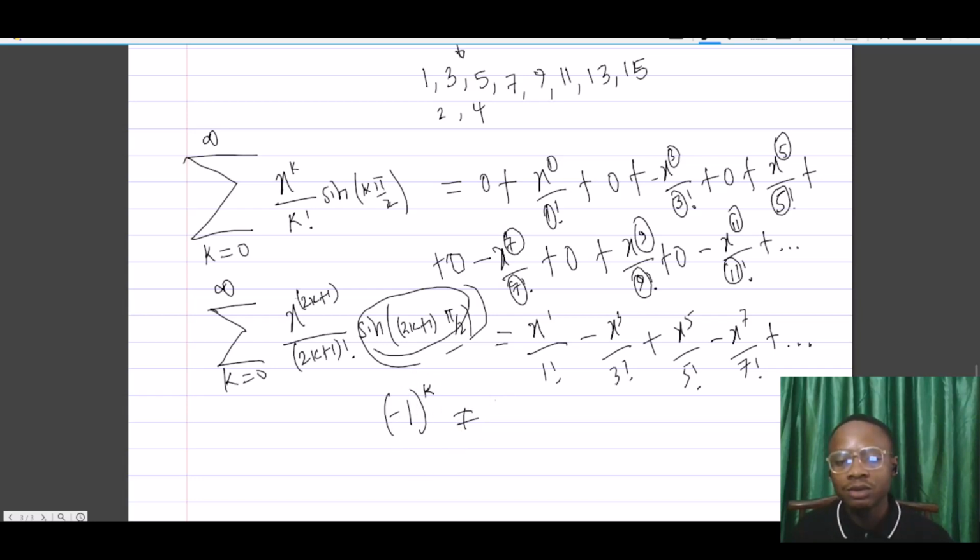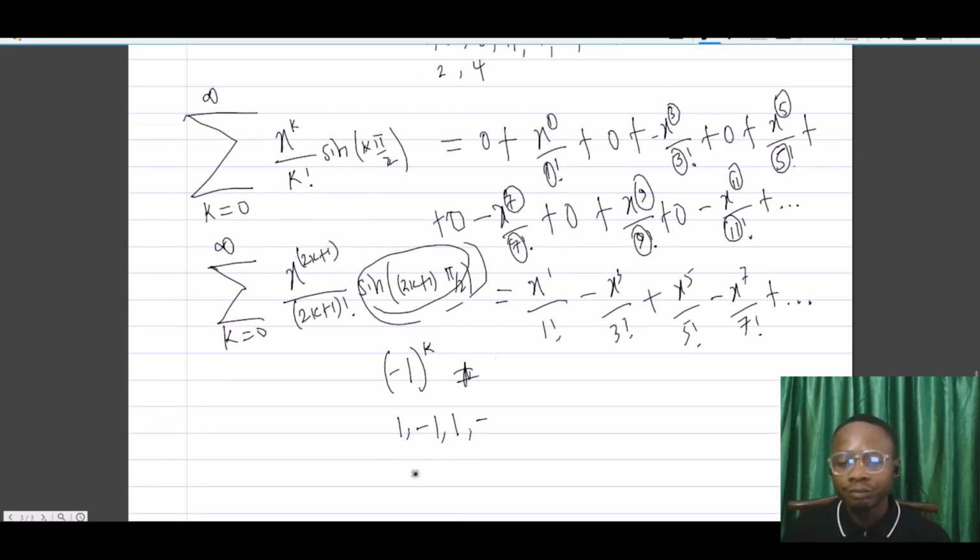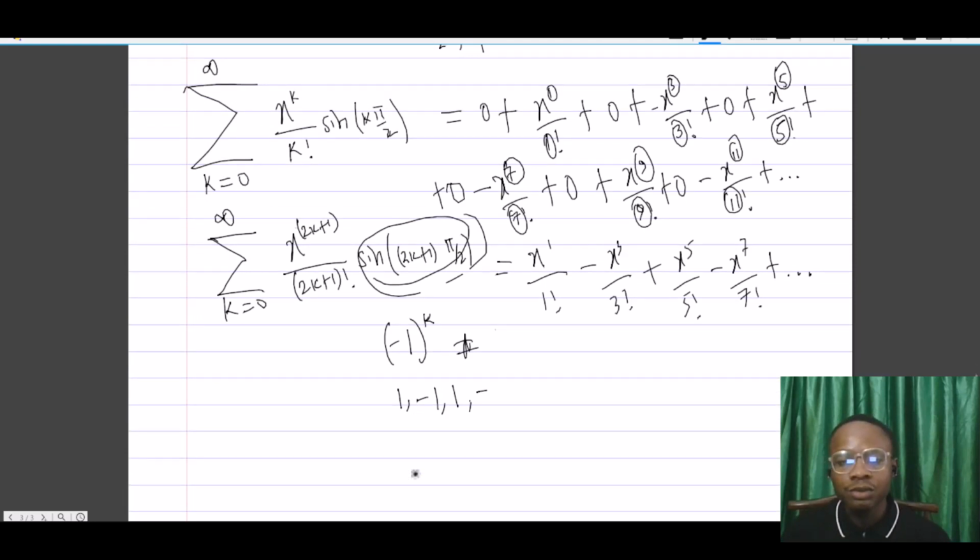So the first term will carry a positive sign, the next term will carry a negative sign. That's when k is equal to 1. The next term, when k is equal to 2, will carry positive. The next term, when k is equal to 3, will carry negative. So this is starting from 0, and if it starts from 0, this should work fine. This should be minus 1.